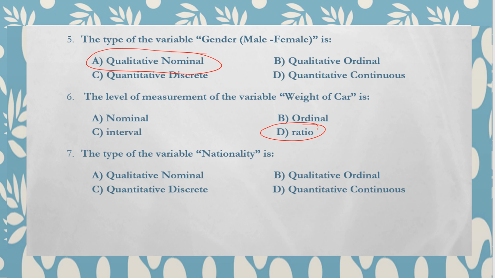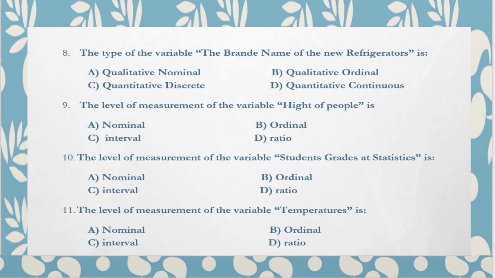The type of variable nationality. Nationality is a non-numeric or categorical data, and cannot be arranged. So this is a qualitative data and qualitative nominal data. So the correct answer is A. The type of the variable.